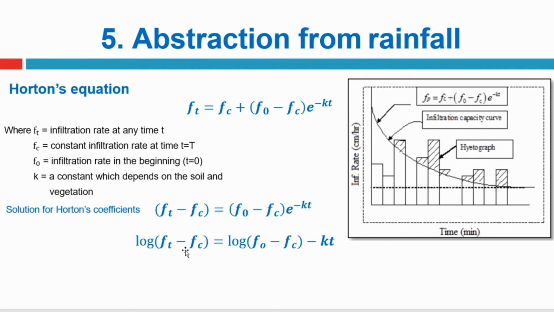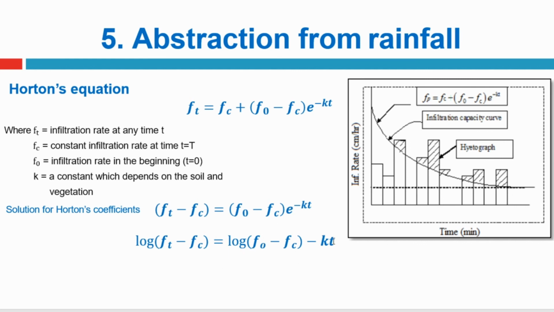This is what the equation will be converted to. From this I am supposed to determine the k value, fc and f0. When I am solving the problem, I'll explain in detail how to solve for these values. I hope you understand the way in which I converted this nonlinear curve to a linear curve.